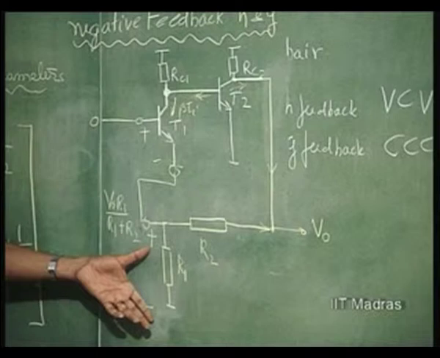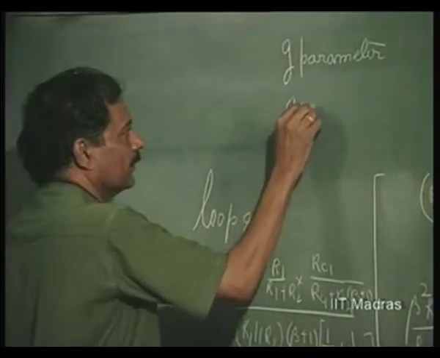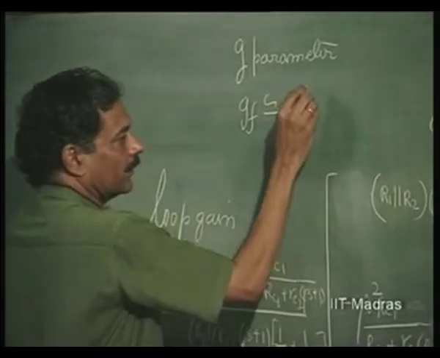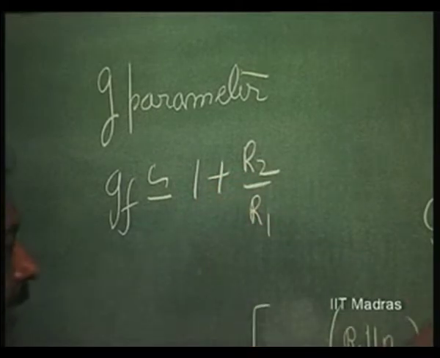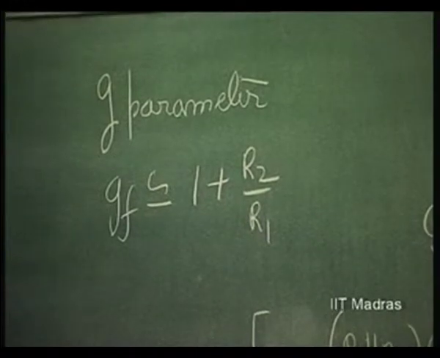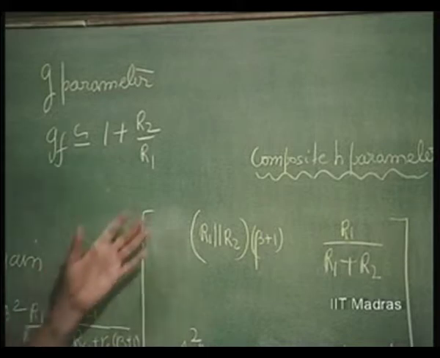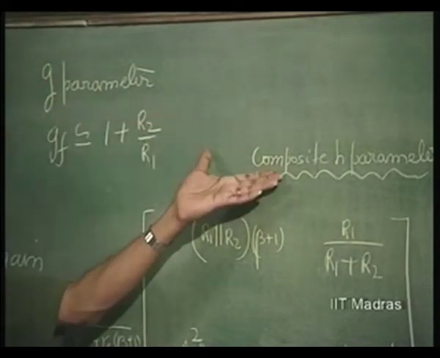So, the gain of this structure, Gf, is going to be very close to 1 plus R2 over R1, just the inverse of this feedback factor, 1 over R1 by R1 plus R2, or 1 plus R2 over R1. And these two, that is GI and G naught, should go towards 0.